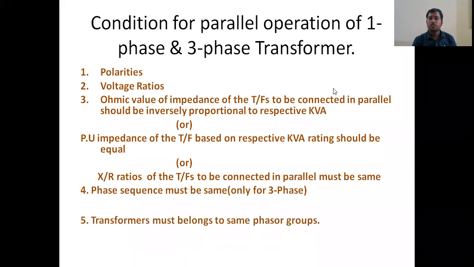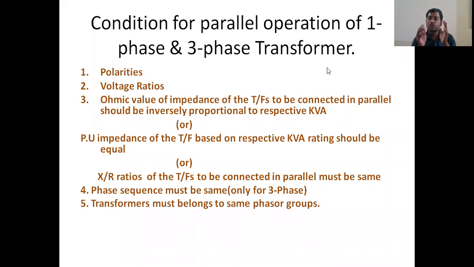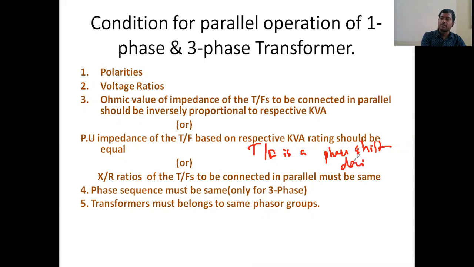And the last condition is that the transformers must belong to the same phasor group. As we all know, a transformer is a phase shifting device. It is not a machine, it is a device. This is the applied voltage V1 and the flux produced is Phi1.